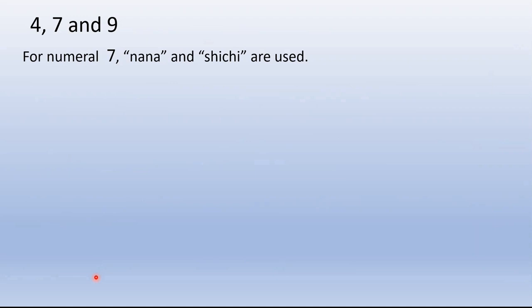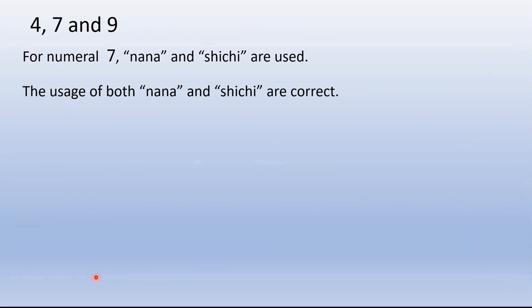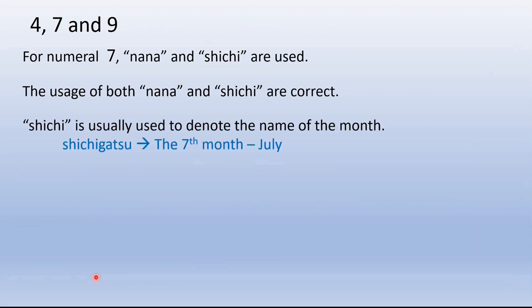Now let's come to numeral 7. We have nana and shichi for 7. The usage of both nana and shichi is correct. However, shichi is usually used to denote the name of the month. We shall see in a later lesson how the naming and numbering of the months are done in Japanese. For the time being, shichigatsu.